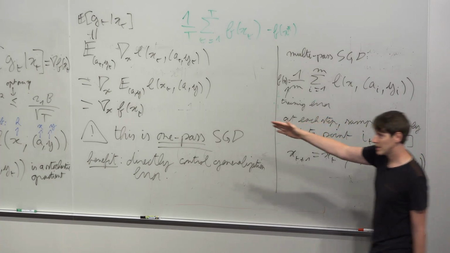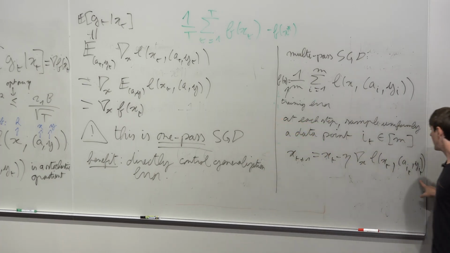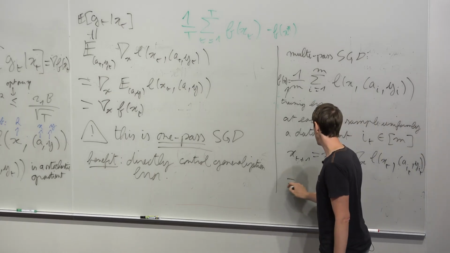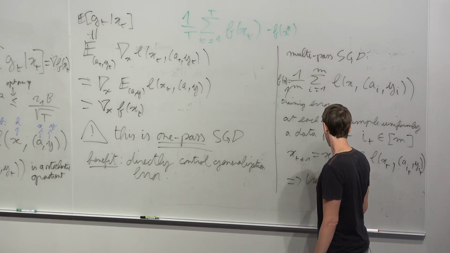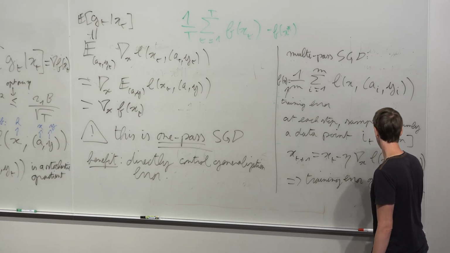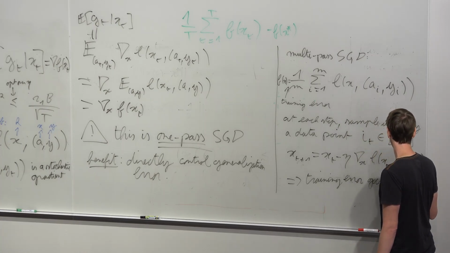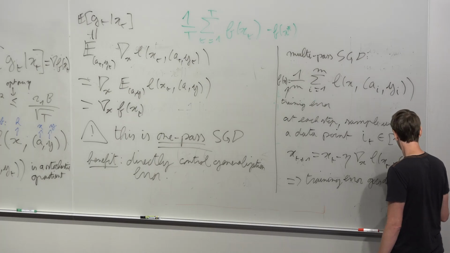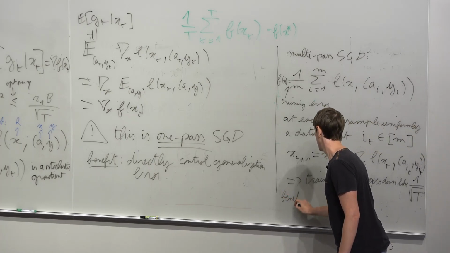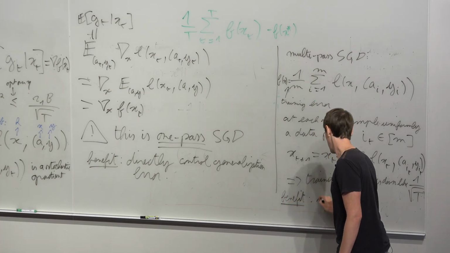Then what does the theorem tell us? This is an unbiased estimator of the gradient of this f. So what you will converge to is a minimizer of the training error. That tells us that the training error goes down like 1 over square root capital T. And the benefit is that we can do multipass.